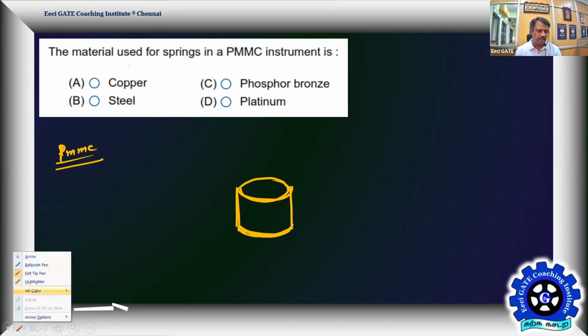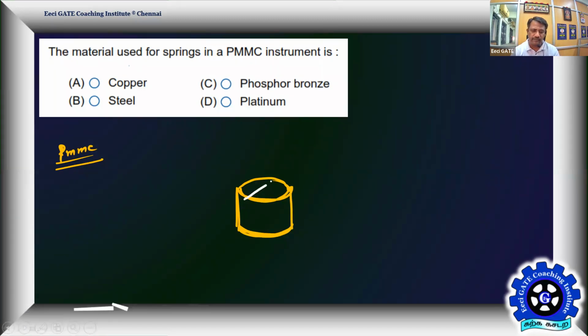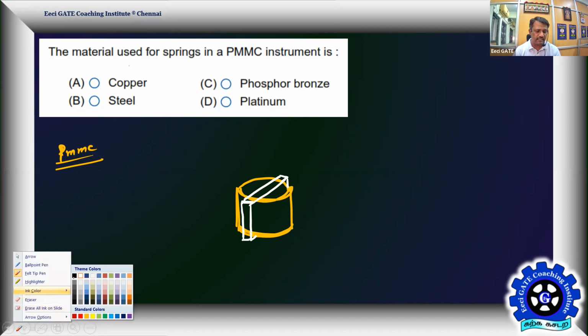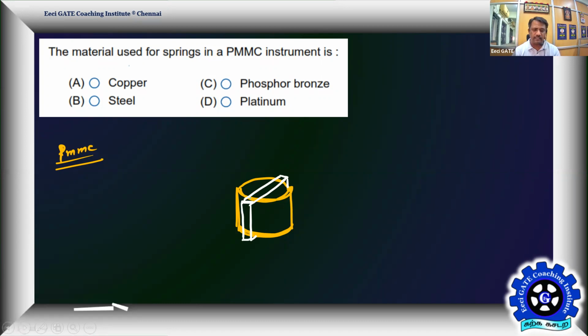A little bit of constructional features. We have the aluminum former on which we are going to have the moving coil. In this we have an N-turn moving coil, having n number of turns.